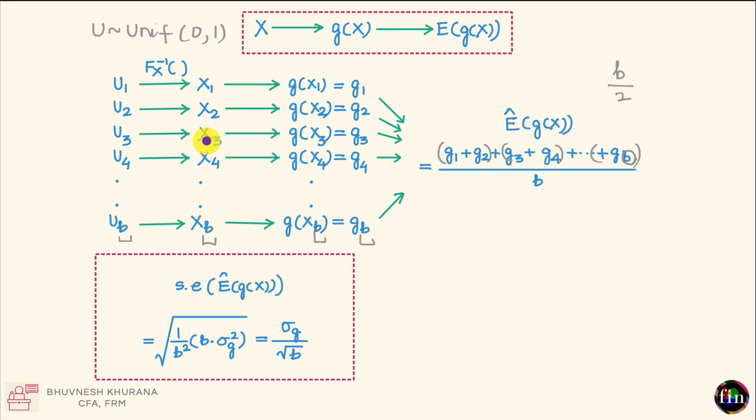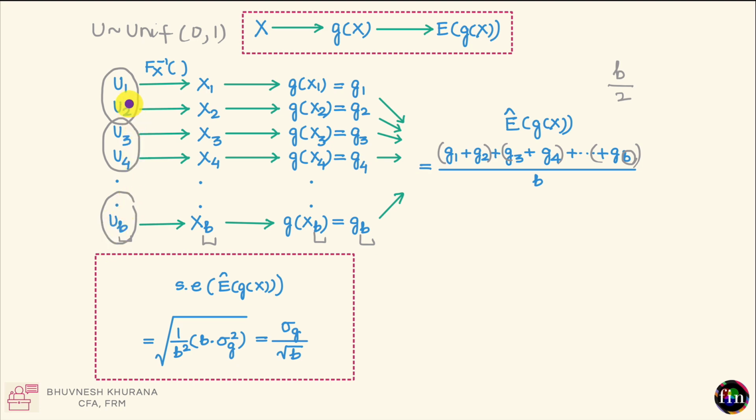Let's go back to the first step of this entire procedure. And this step was to simulate these many values of this random variable u. Let's treat u1 and u2 to be a pair, u3 and u4 to be a pair, and therefore all the way till ub minus 1 and ub to be a pair.